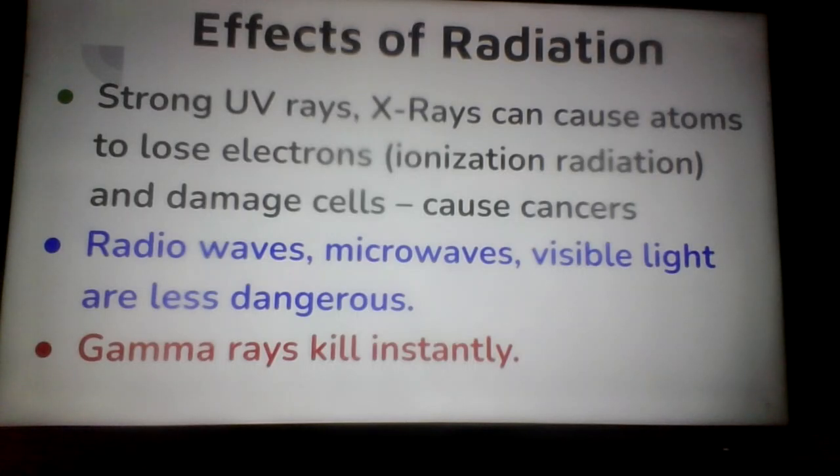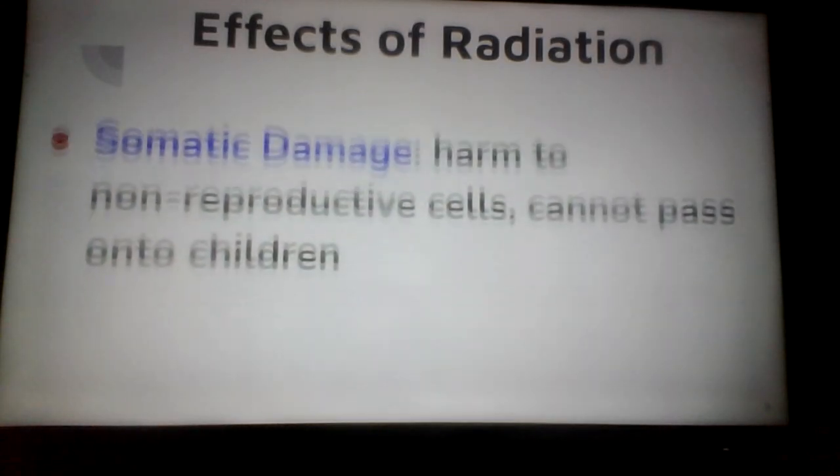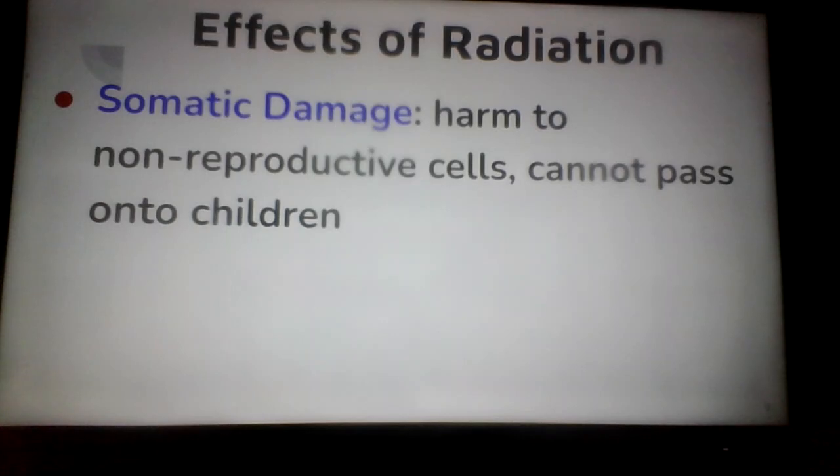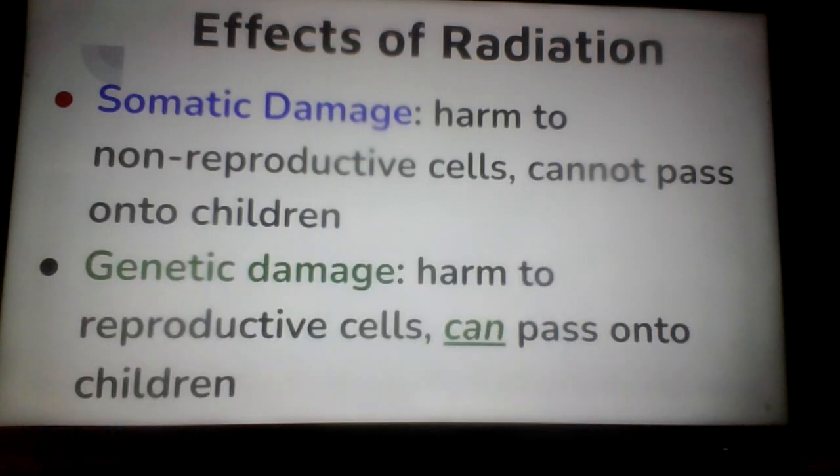Ready? A few more effects. Something called somatic damage. This is radiation that harms our non-reproductive cells, and in that case, at least we cannot pass this harm on to our children through reproduction. That's called somatic damage. Unfortunately, though, there does exist genetic damage.